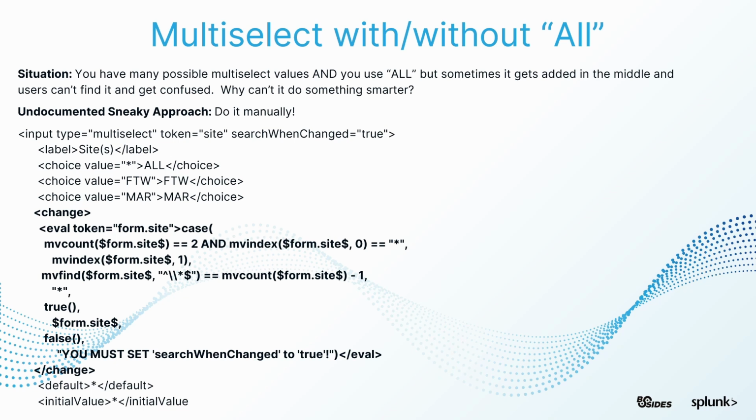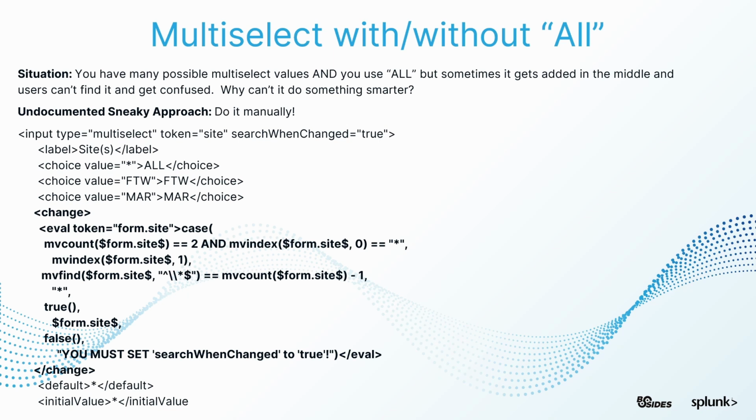So you can see in this change stanza, it says mvcount form.site equals 2. So it's counting how many things are selected in the form. And then it's indexing, and it's looking for if that all asterisk is the first thing.